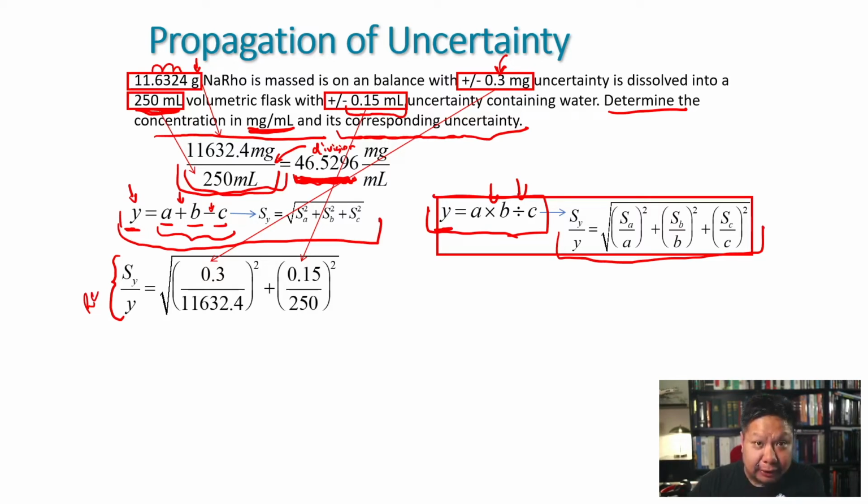That's the relative uncertainty when you have the Sy over y. And so this y here, again, is the value you got from doing the concentration calculation. And then this Sy right here, that's going to be your absolute uncertainty.